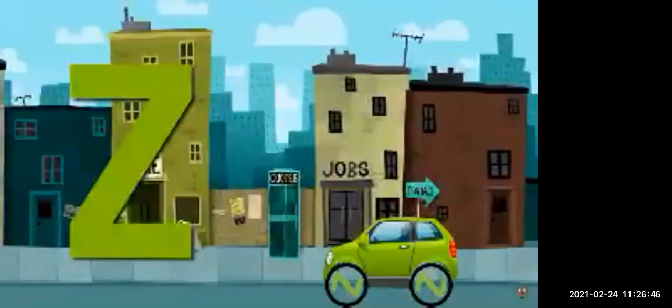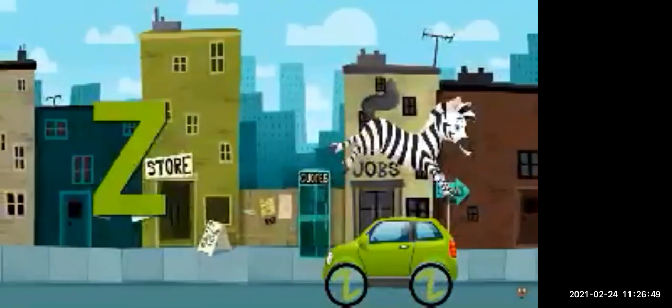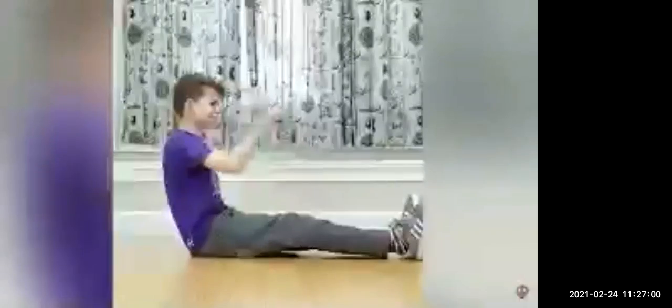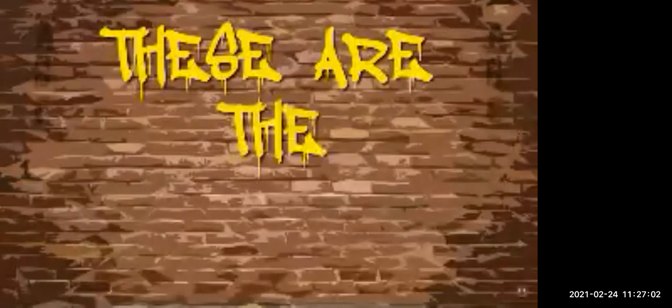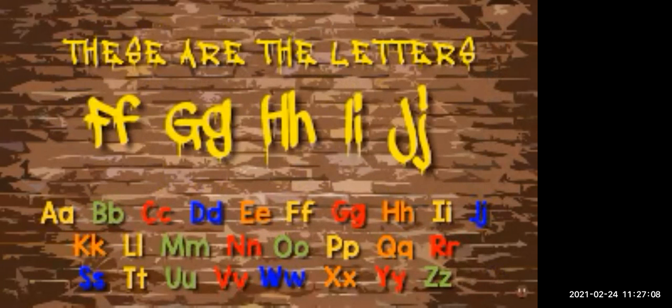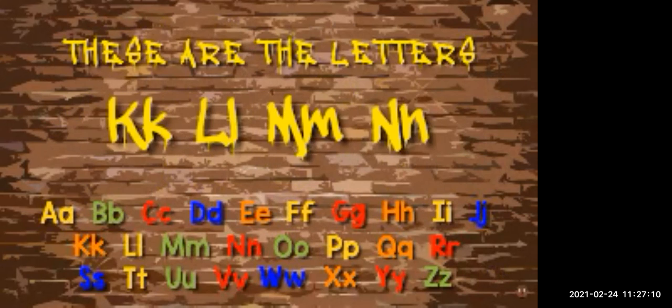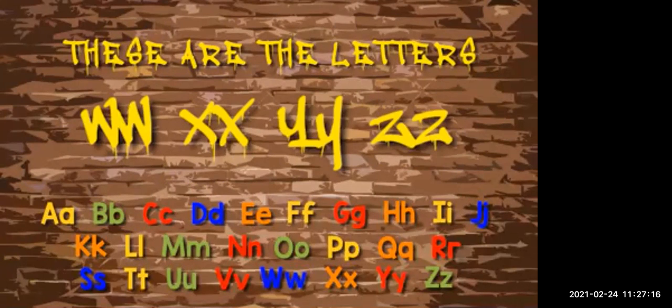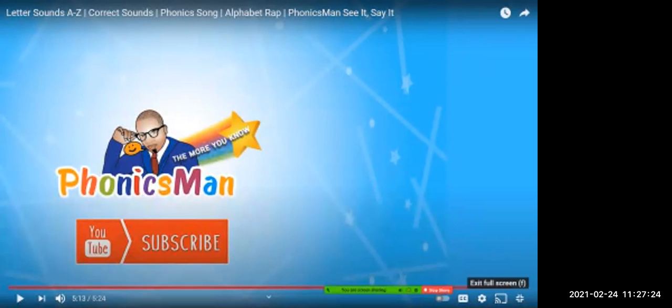This is the letter Z. This is the letter Z. Zebra. Do it. Zoom. Left side. Left side. Zoom. Right side. Right side. Zoom. Zoom. And we out of here. These are the letters. What? These are the letters. What? These are the letters. What? These are the letters. What? These are the letters. Okay. These are the letters. Okay. These are the letters. Okay. These are the letters. Okay. Phonics, make. Okay. Hope that got you moving a little bit, guys.